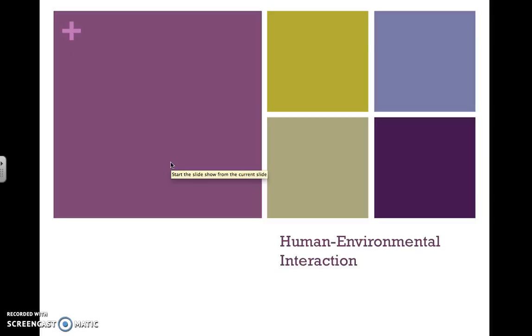Hello. For our third theme of geography, we have HEI, otherwise known as human environmental interaction. If we recall our mnemonic device, P stood for place, R stood for regions, and the I in PRILM stands for interaction.